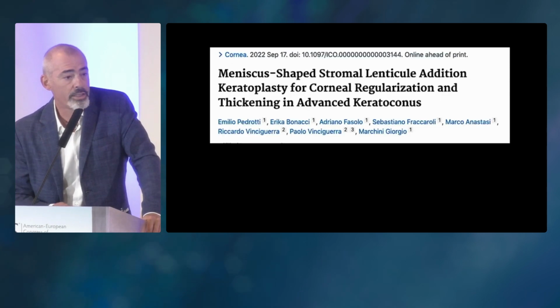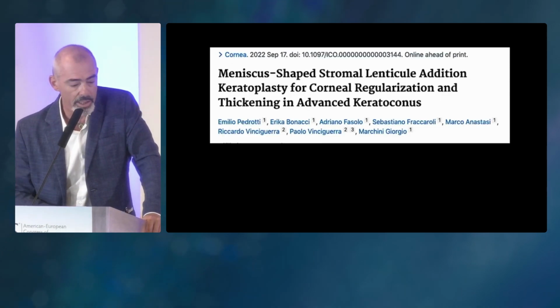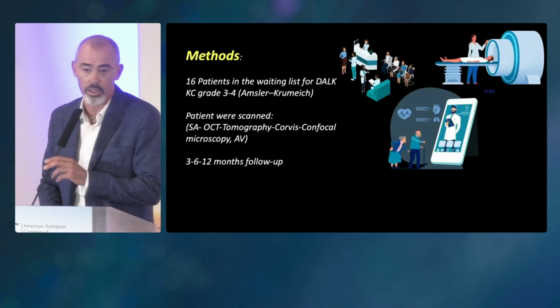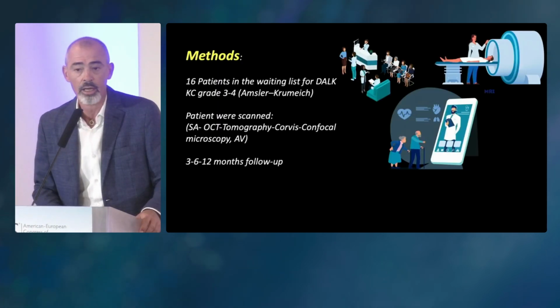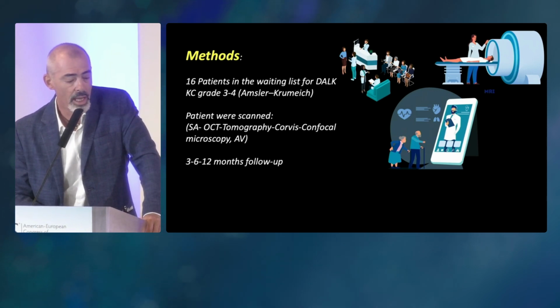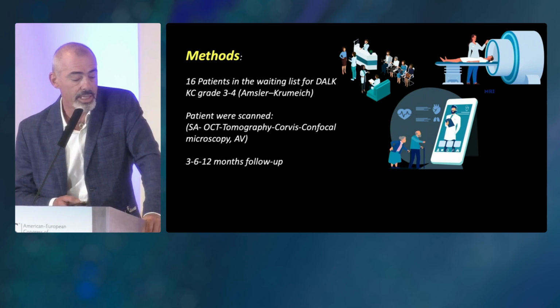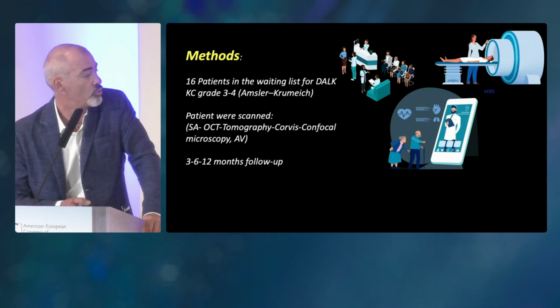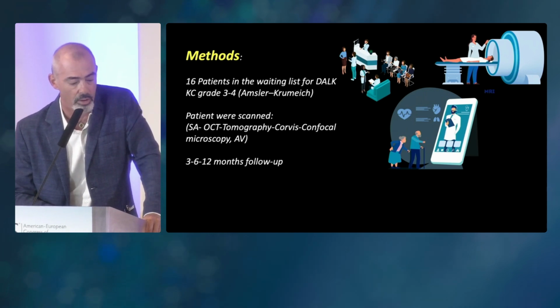So we passed to clinical practice, and we enrolled 16 patients waiting for DALK with advanced keratoconus and intolerance to contact lenses, and we scanned at pre-op, 3, 6, and 12 months of follow-up.